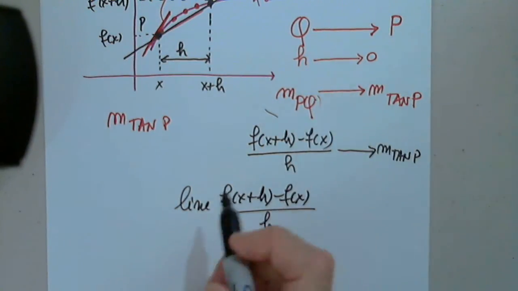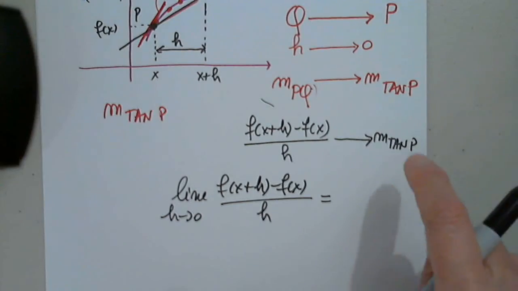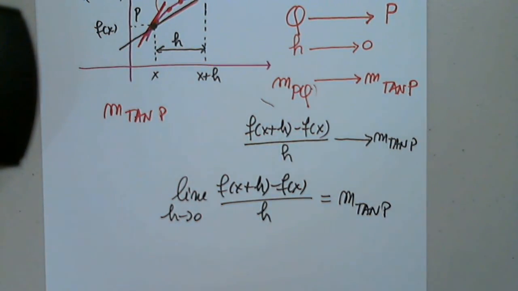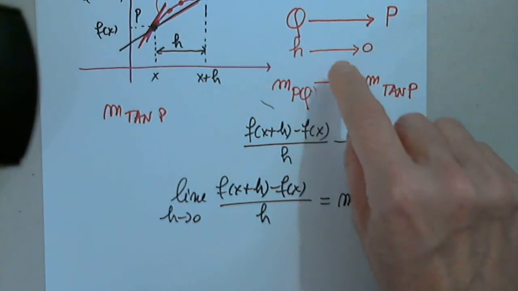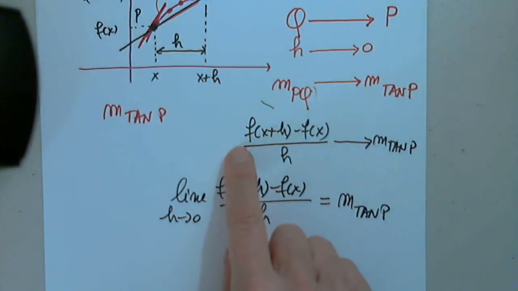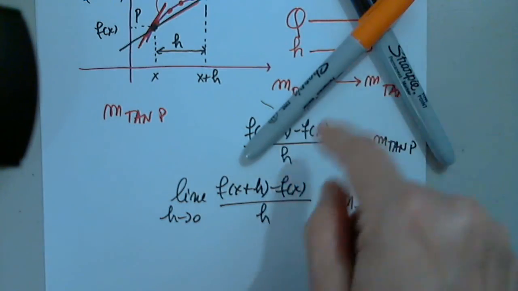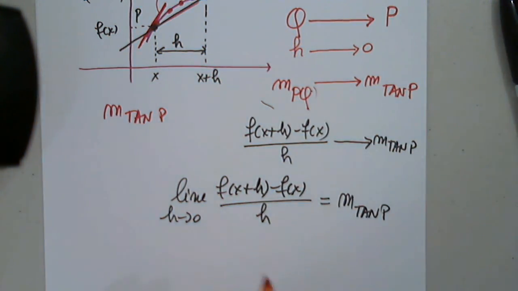When H approaches 0. What will this equal then? Instead of putting approaches 0, I put the limit in front. We don't write it like this. I just wanted to explain it to you, how it works. But this is the way we write it.